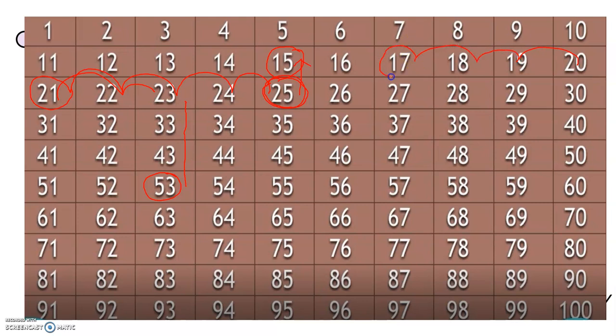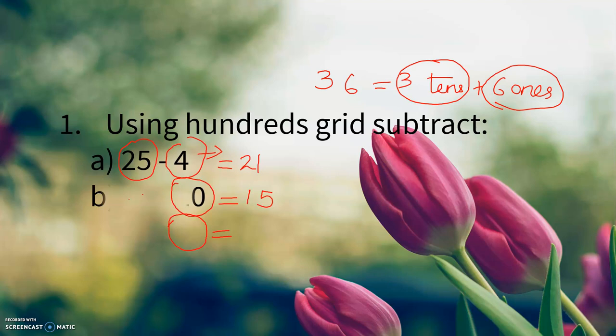So our final answer is 17. So 53 minus 36 is 17. How did we do it? 3 tens means you have to move 3 times upward, and 6 ones means you have to move 6 times backward to reach our final answer, 17.